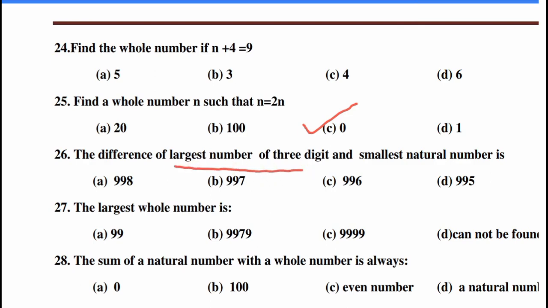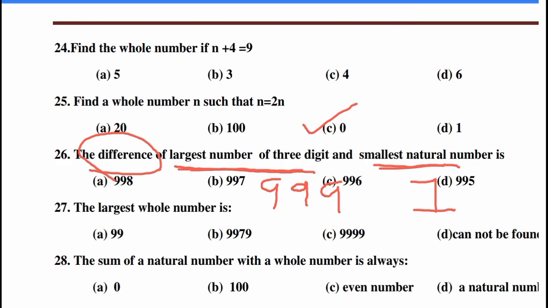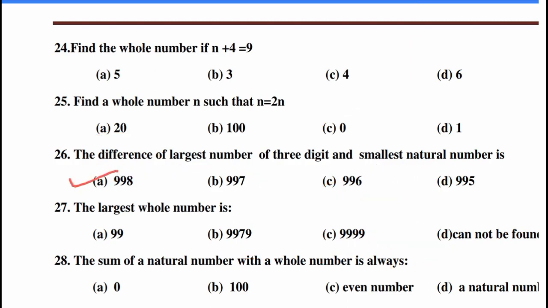So first of all, we should know the largest number of 3-digit is 999. And smallest natural number is 1. And here you have to find difference of this. 999 minus 1 is equal to 998, and it is given in option A.